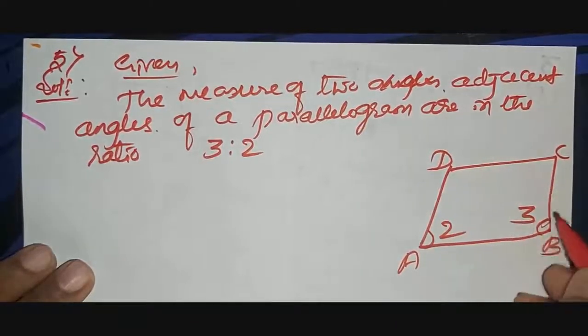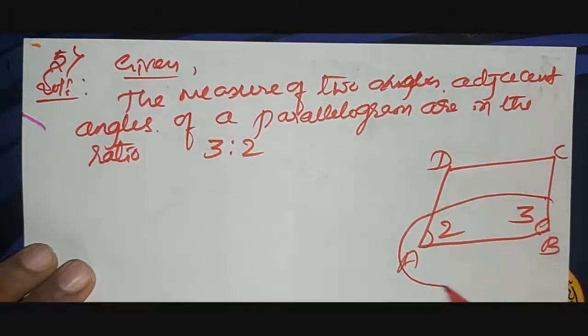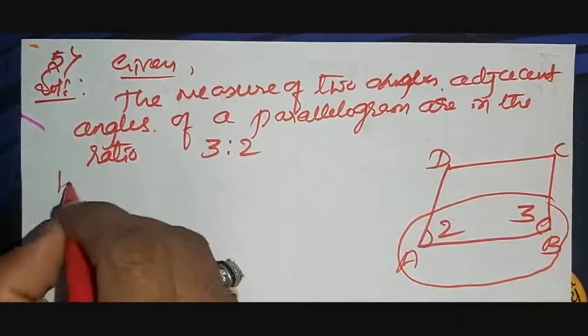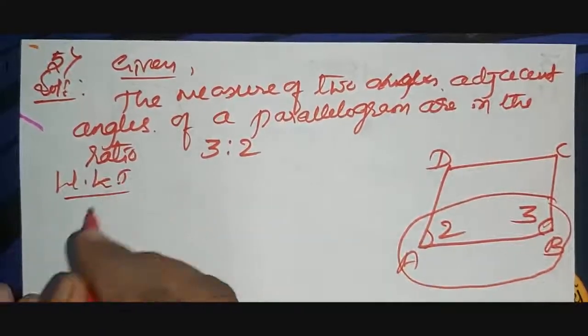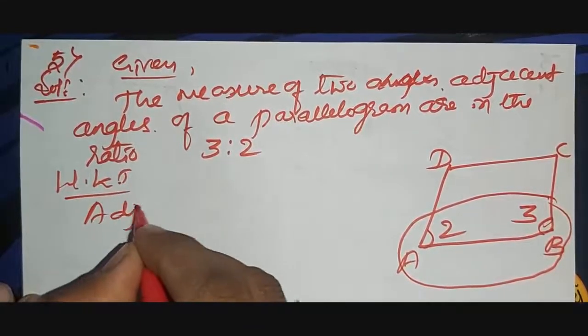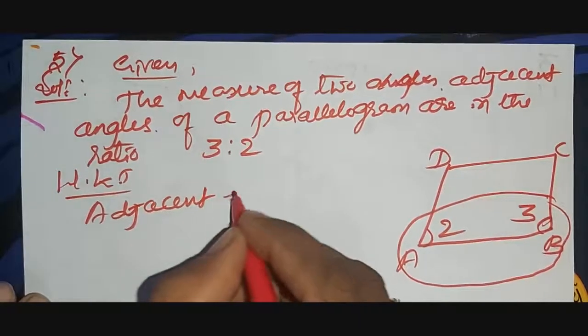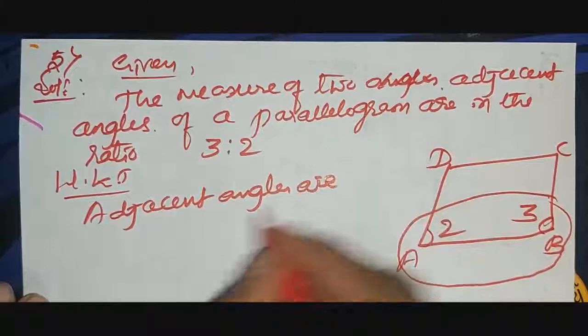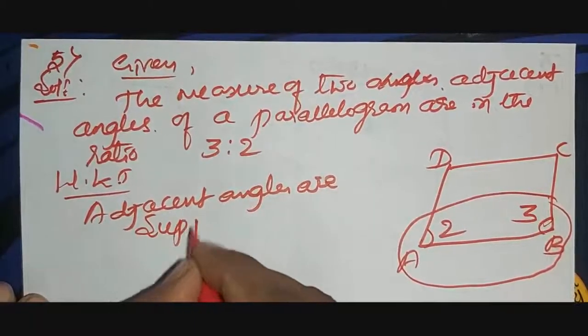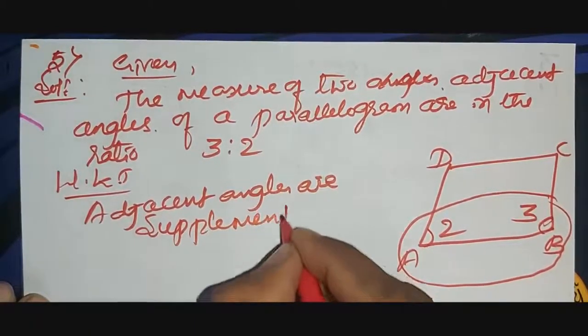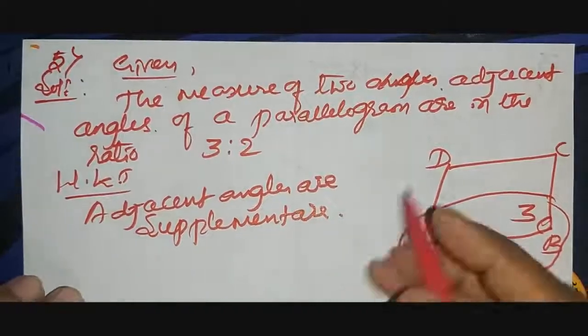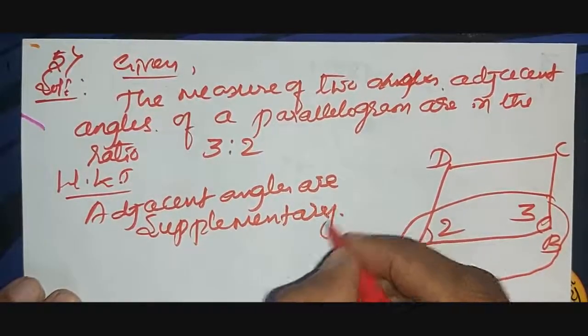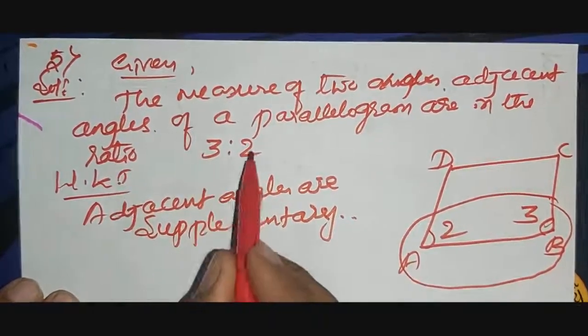Since adjacent angles are supplementary, we know that adjacent angles are supplementary, right? They are given the ratio 3:2.